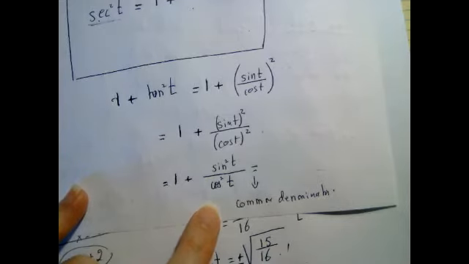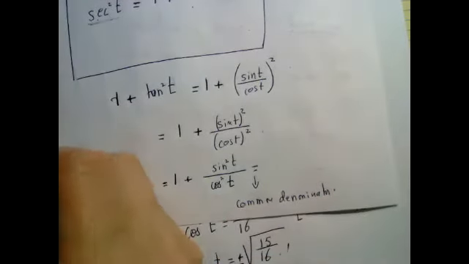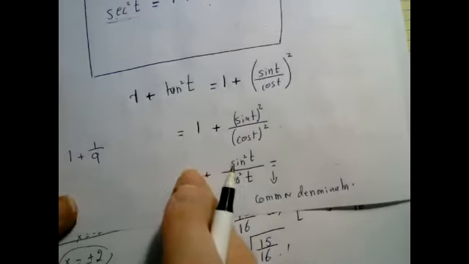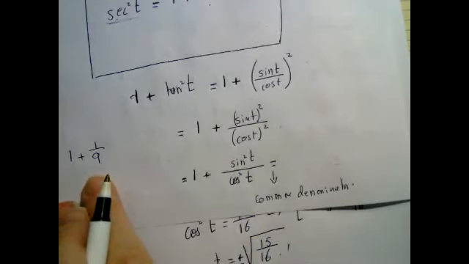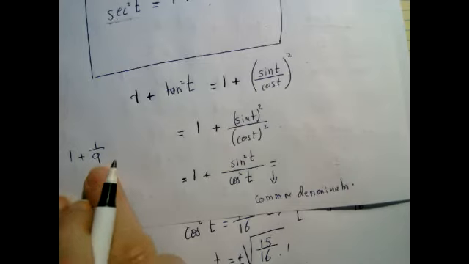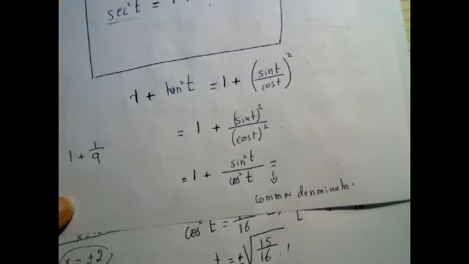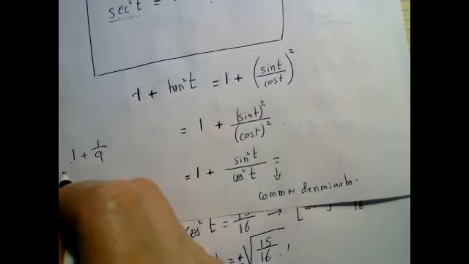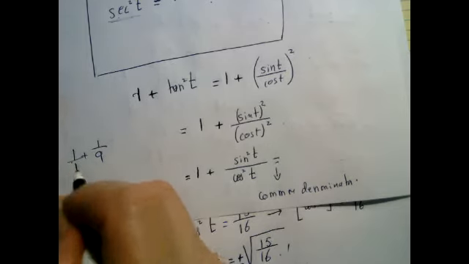If I tell you 1 plus 1 over 9, what will be your common denominator? When you add those, what's the common denominator? 10. No. It's 9.